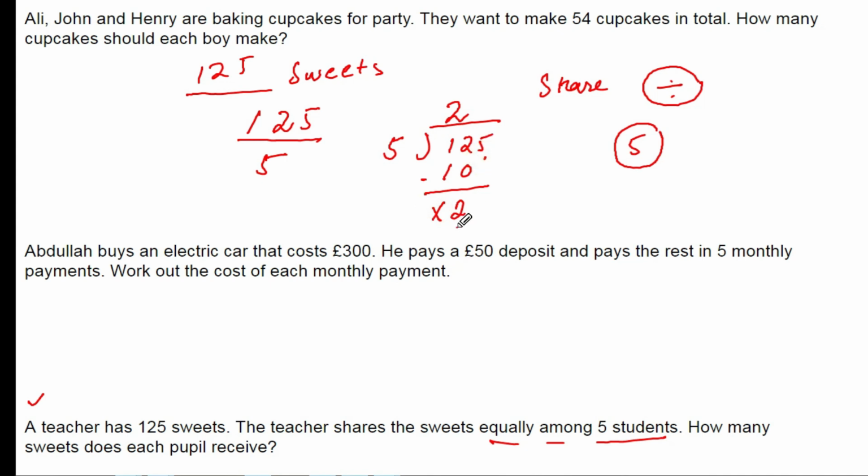And now this 2 is less than 5. That means I need to take this 5 down. Okay, now 5 times 5 equals 25. So I can write here 5 times 5 equals 25. So we are left with zero remainder. So it means 25 sweets will be given to each student, right?